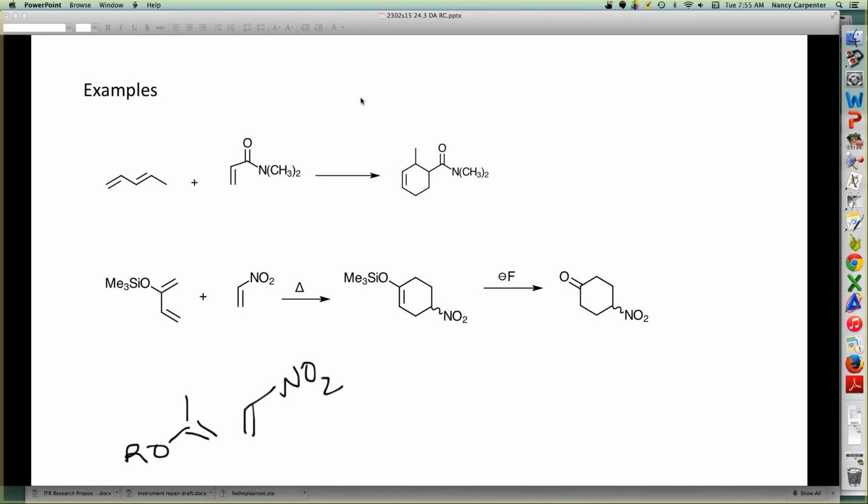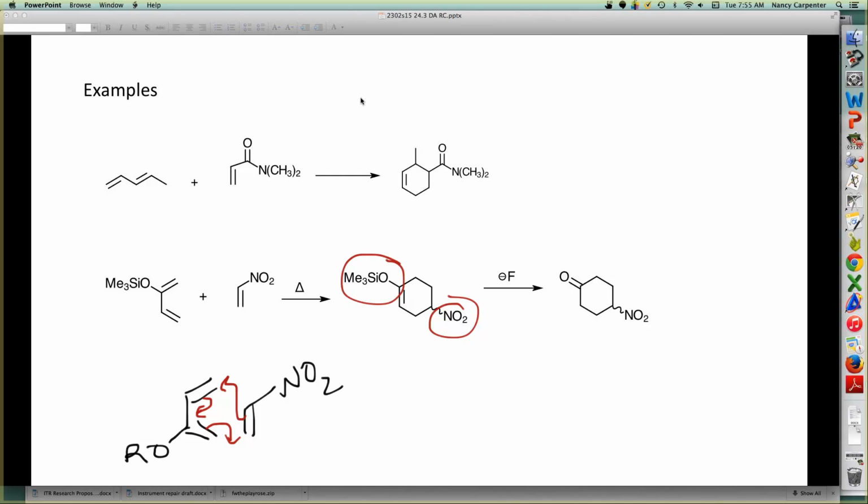I'm just going to put an R here. What do we end up with? The NO2 and the silyl ether completely opposite one another. So, that is how the regiochemistry of the Diels-Alder is controlled.